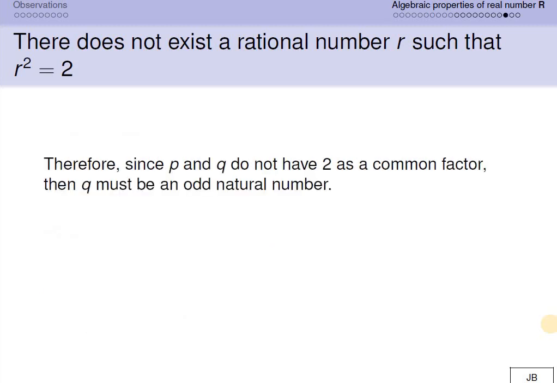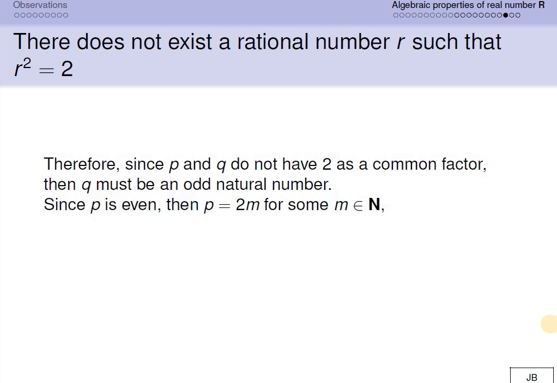Since p and q don't have a common factor, they don't have 2 as a common factor, so q must be an odd natural number. We have assumed that p and q don't have a common factor, and we got that p is an even number, so q must be an odd number. Since p is even, p will have the form 2m, where m is a natural number.